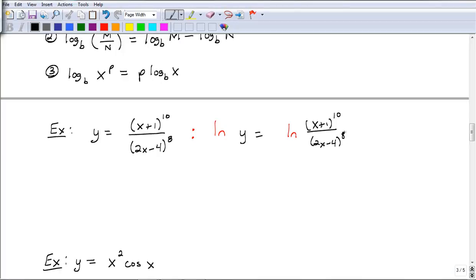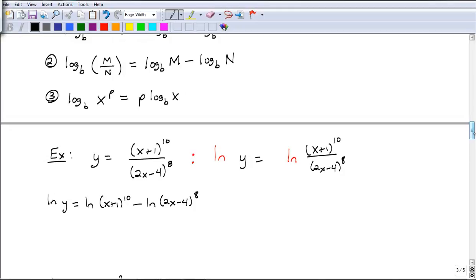But now I can expand this right-hand side. I have the natural log of y equals, well, I'm dividing two logarithms. So I can write the log of the top, x plus 1 to the 10th, minus the log of the bottom, 2x minus 4 to the 8th. That's the second log property that you can just see up here. The log of two things divided is the log of the first minus the log of the second.